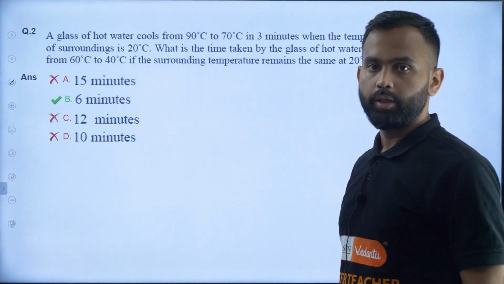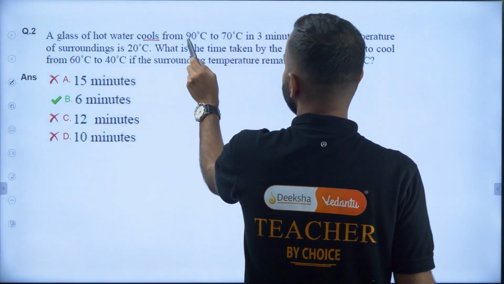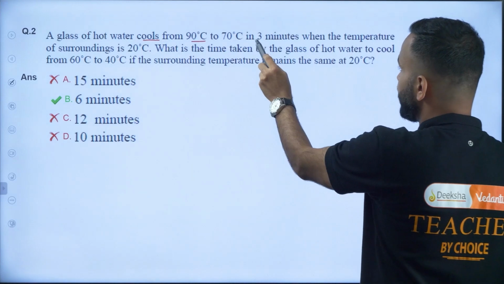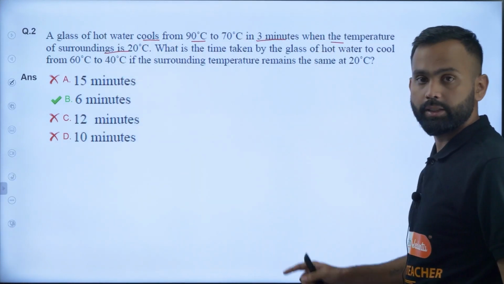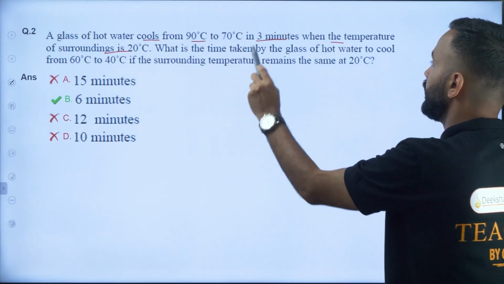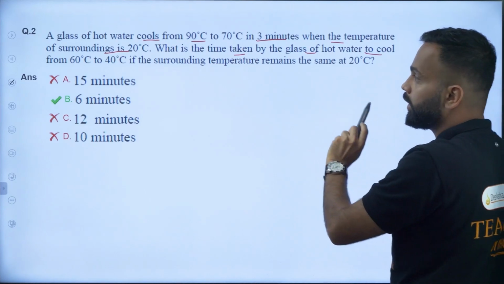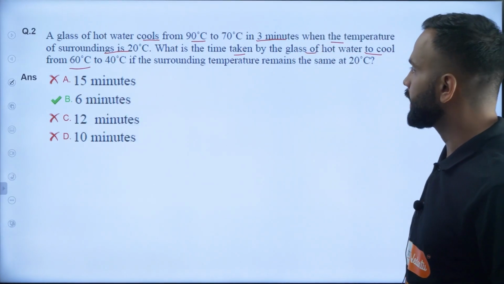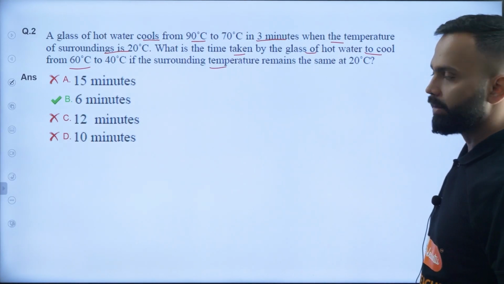Question number 2. A glass of hot water cools from 90 degrees Celsius to 70 degrees Celsius in 3 minutes when the temperature of surroundings is 20 degrees Celsius. Remember, temperature of the surrounding is 20 degrees Celsius. What is the time taken by the glass of hot water to cool from 60 degrees Celsius to 40 degrees Celsius if the surrounding temperature remains the same?